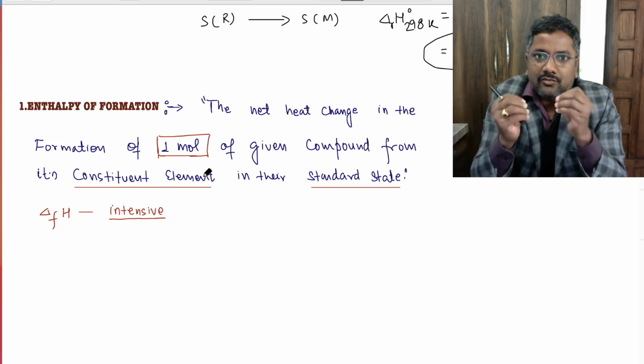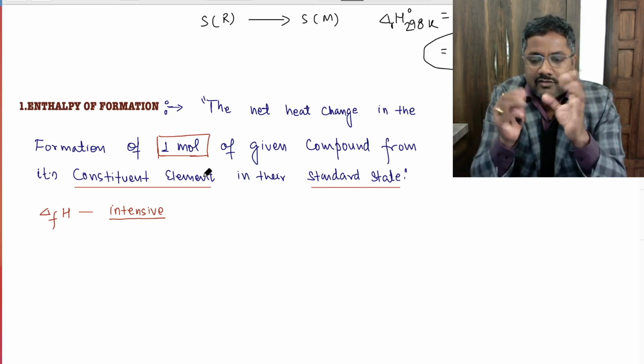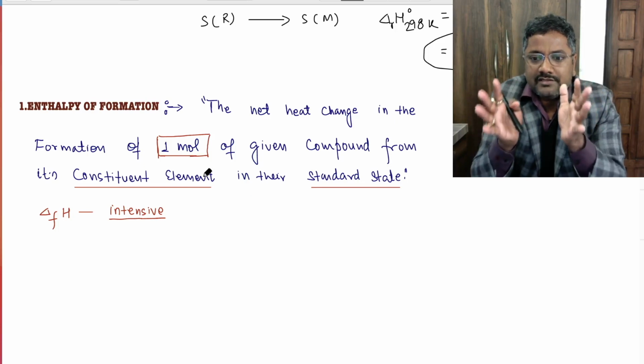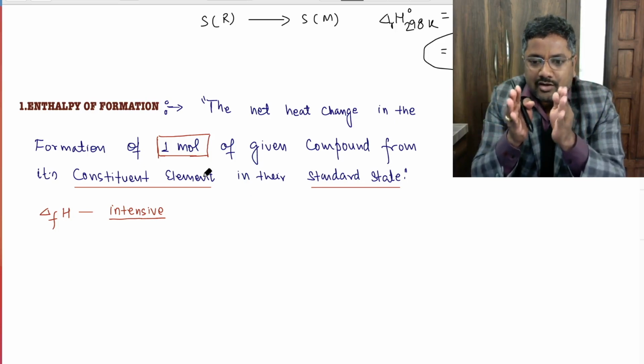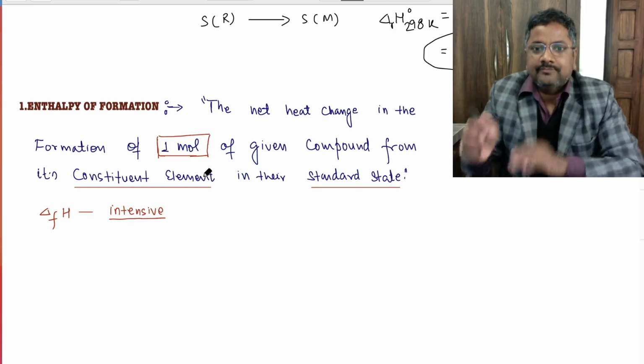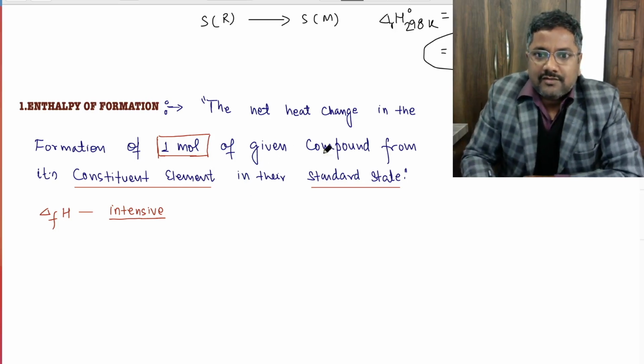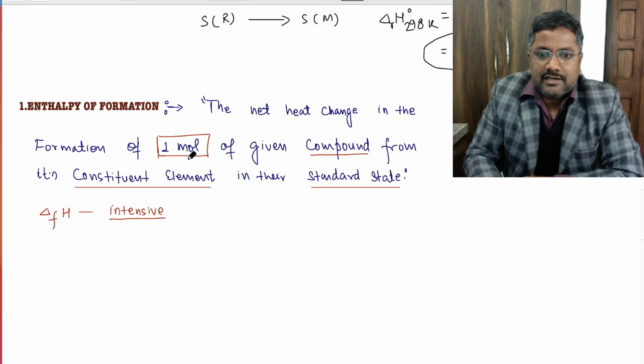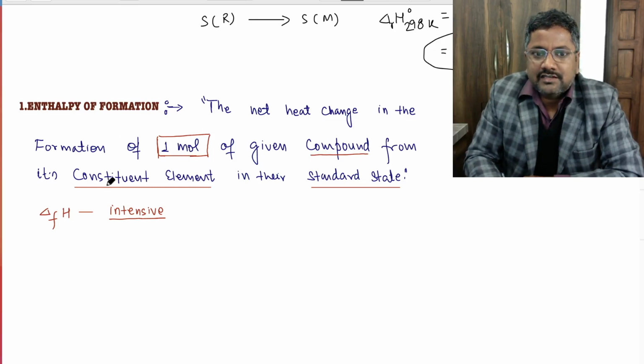Enthalpy of formation you say only when the quantity is 1 mole, means the amount of product which is formed there is 1 mole. Formation of 1 mole of a given compound. So this is the consequence of this 1 mole, that it makes this enthalpy of formation intensive.